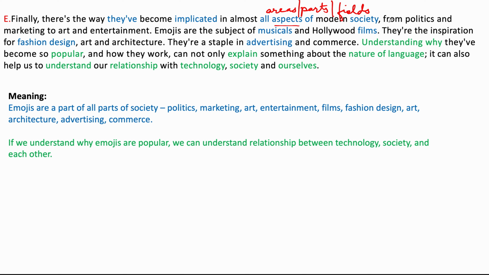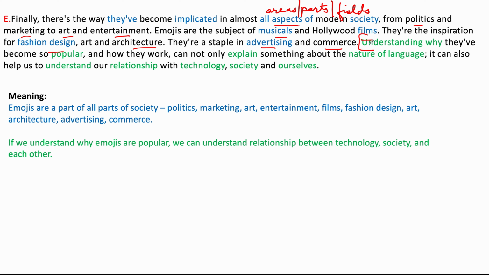After this, there are a lot of examples of these aspects or fields: politics, marketing, art, entertainment, musicals, films, fashion design, architecture, advertising, commerce. All of these are examples of different aspects.